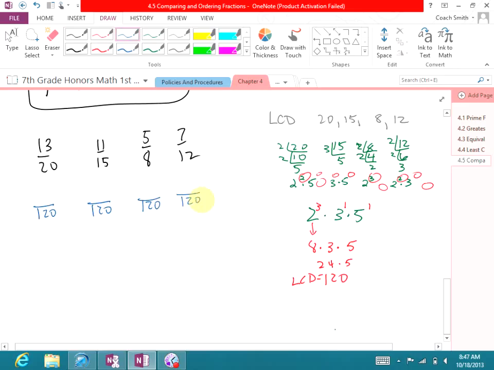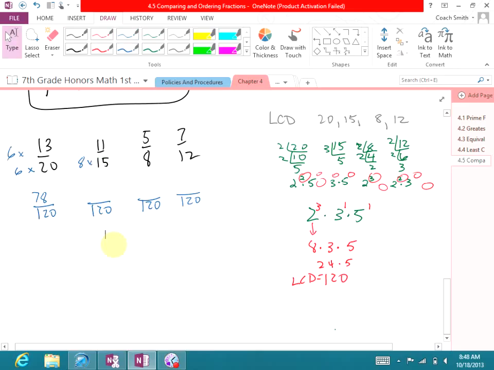Okay? So I multiplied 20 by 6 to get 120. So I take 6 times 13, which would be 78. I multiplied 15 by 4. No, it's less than 10. 8.